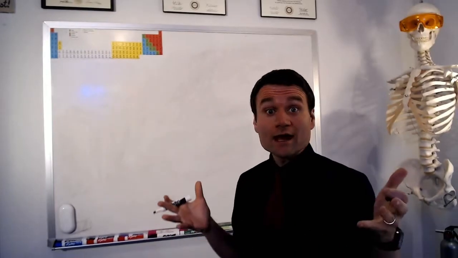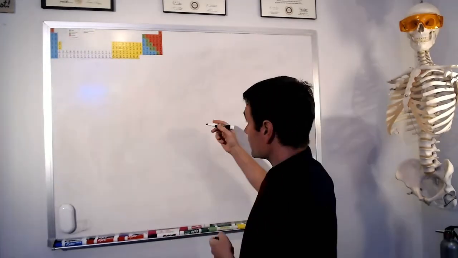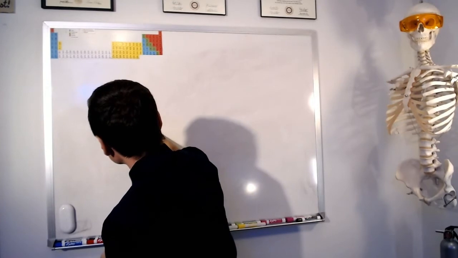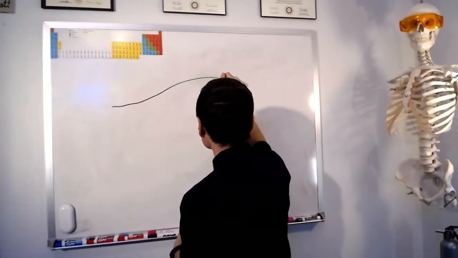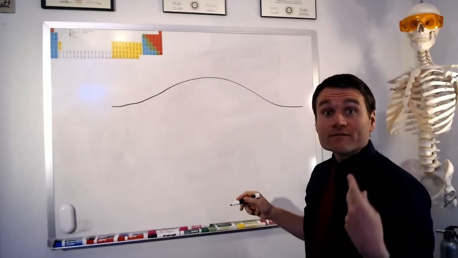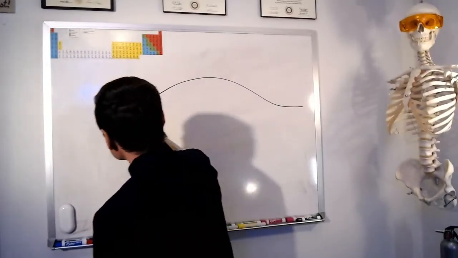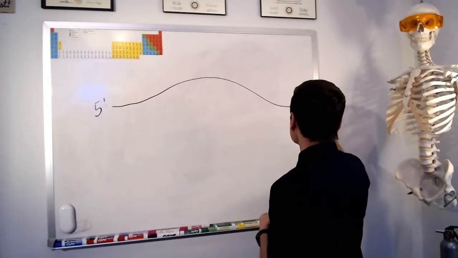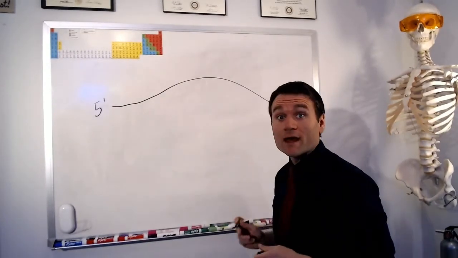Let's say we have two DNA strands that are running anti-parallel to each other. So we have one that is going in the 5' to 3' direction. So we got the 5' end over here and the 3' end over here.